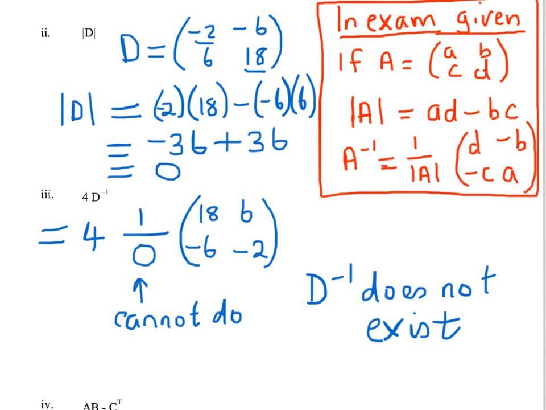Also remember that you can only find the inverse of a square matrix. For this course, all we have found is the inverse of a 2 by 2 matrix. But in this example, we've also found that the inverse of a 2 by 2 matrix does not exist when the determinant of the matrix is equal to 0.